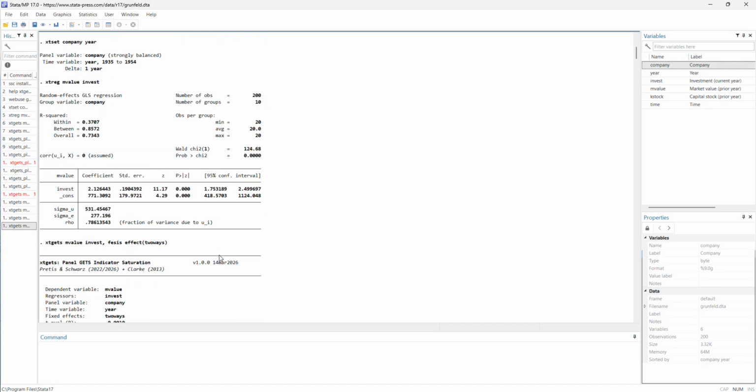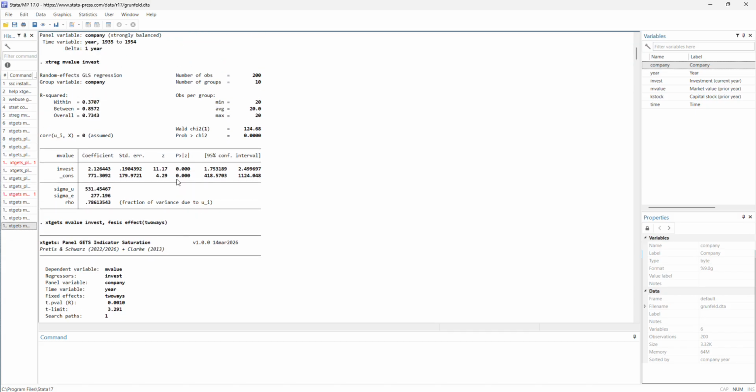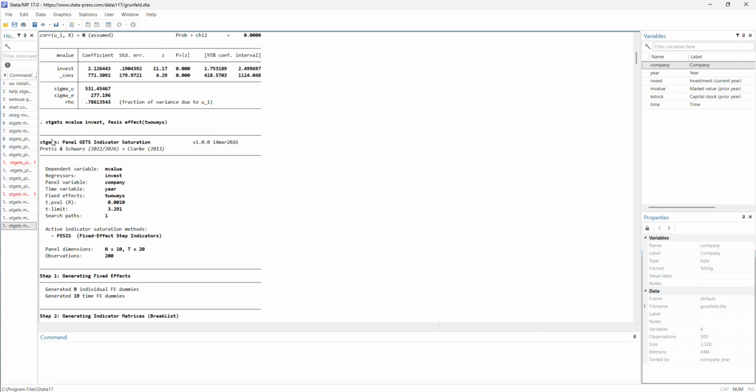Firstly, I estimated a simple regression just to see if my example variable is significant or not. So this is a simple random effect model. Then I started with xtgets, dependent variable, independent variable, then applied the FESIS model. When you run it, it uses fixed effect step indicators.